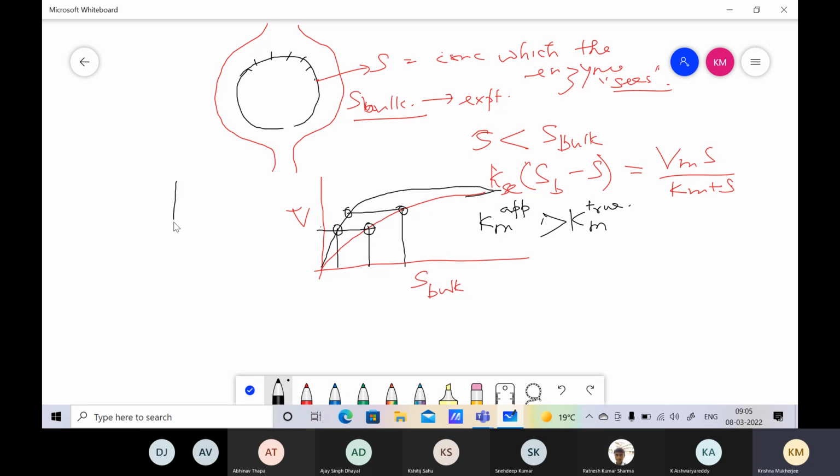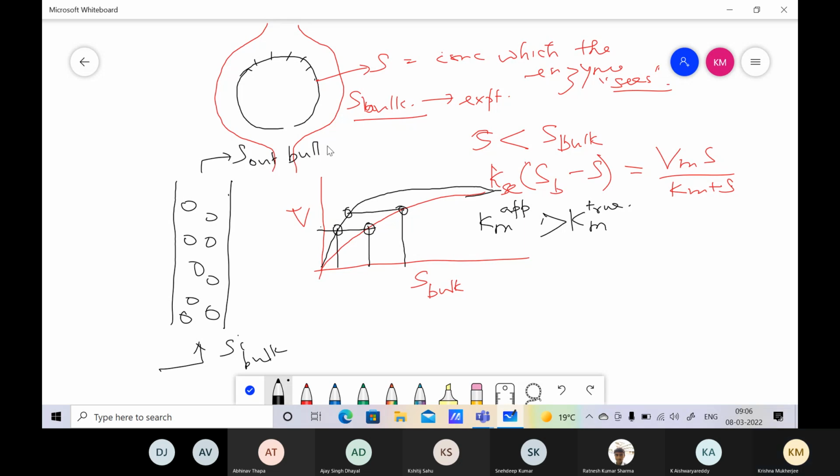Of course, the problem becomes complicated, because in a real reaction you will be having pellets and liquid running through. In this case, S bulk will decline over time to come out as S out bulk. So you will have to integrate this function with respect to this expression here.